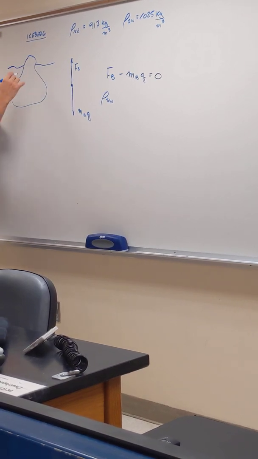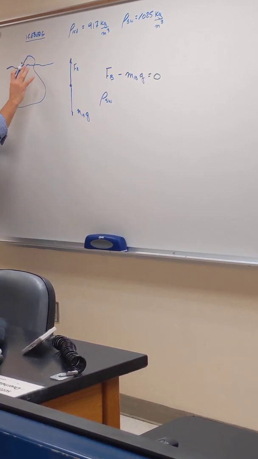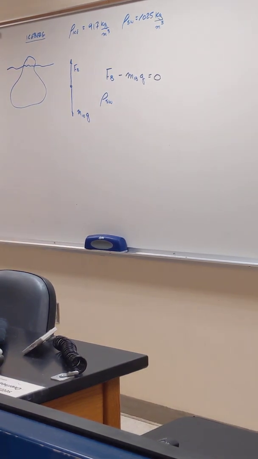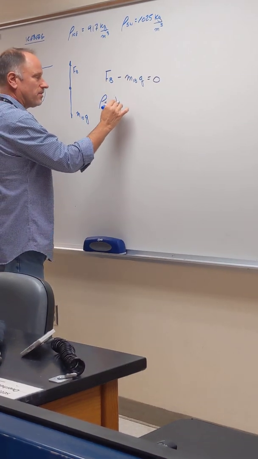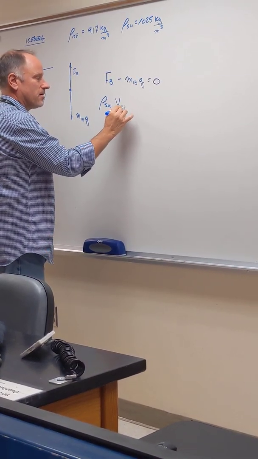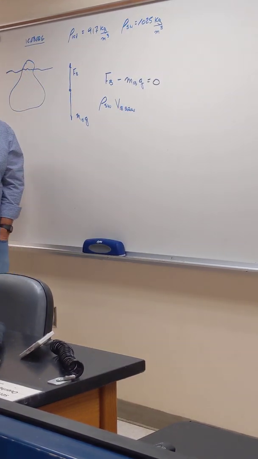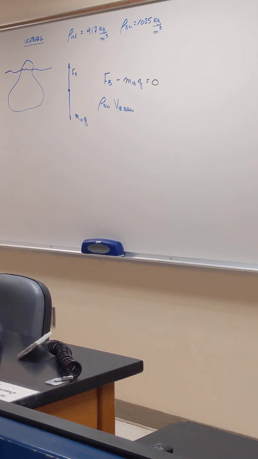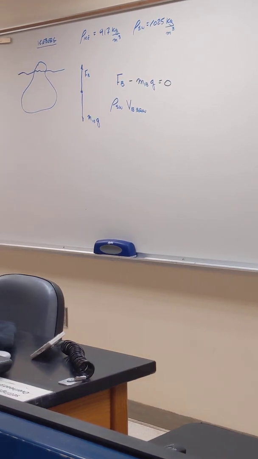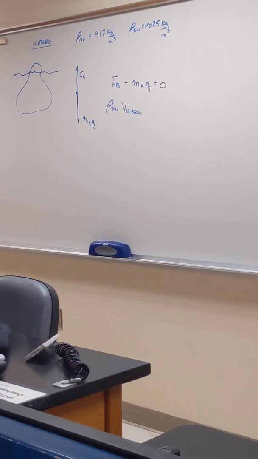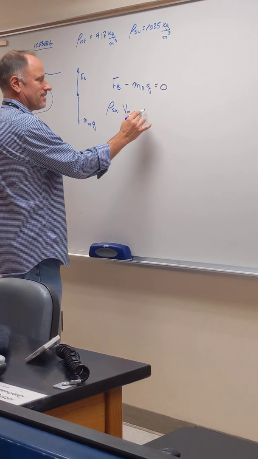No, it's only the part below the surface that is pushing aside the water. Do you understand that fact? Okay, so it's times the volume of the iceberg below the surface. Does that seem reasonable? The buoyant force only arises because some volume has pushed aside some liquid. Times g, yes?